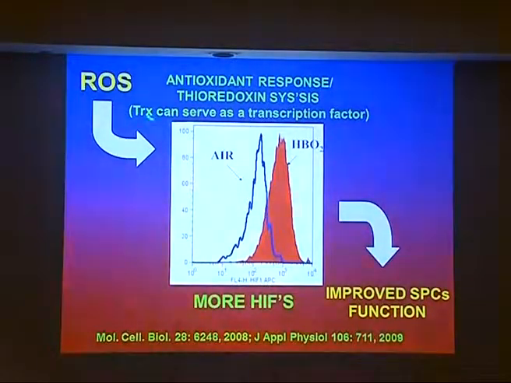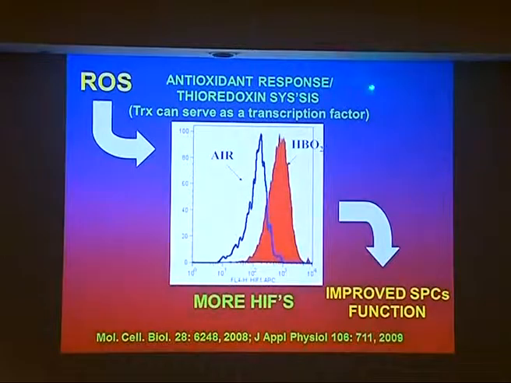Importantly, though, not only is it an antioxidant, but it's a transcription factor. It migrates to the nucleus, where it turns on an array of genes. Those genes all have to do with hypoxic responses. Specifically, in this case, hypoxia-inducible factors 1 and 2, which are positive for stem cell function. So HBO begets reactive oxygen species.